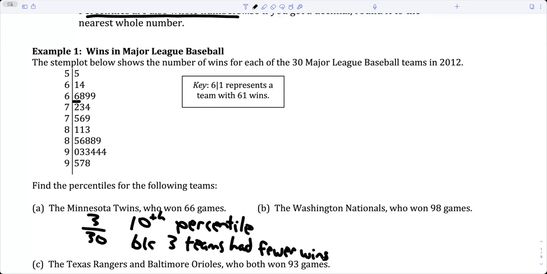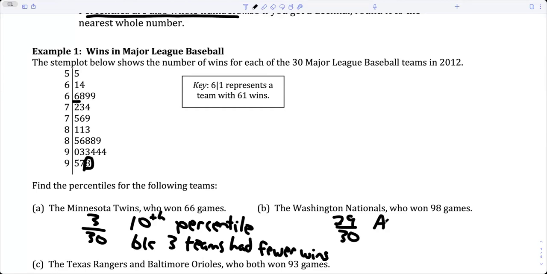Okay, the Washington Nationals, who won 98 games. All right. So that's going to be this one right here. And so how many teams were less? Less than 29 in this case. So 29 divided by 30, put that in your calculator.